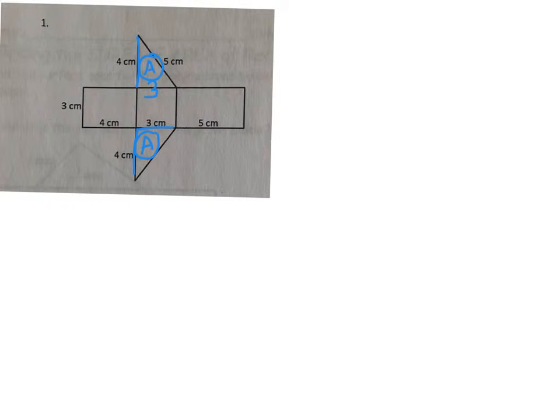And since they have the same dimensions, same base, same height, we can label them both with the letter A. And then we have 3 different rectangular shapes. So our first one is a 3 by 4, so let's label that B. Looking at our next rectangular shape, we know over here this is 3 centimeters. So that means here needs to be 3 centimeters and here needs to be 3 centimeters.